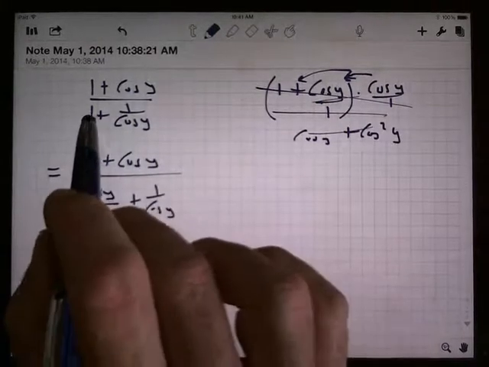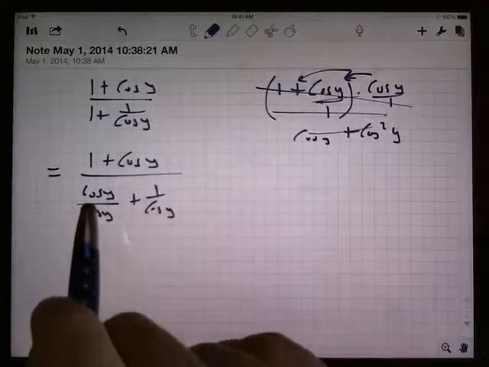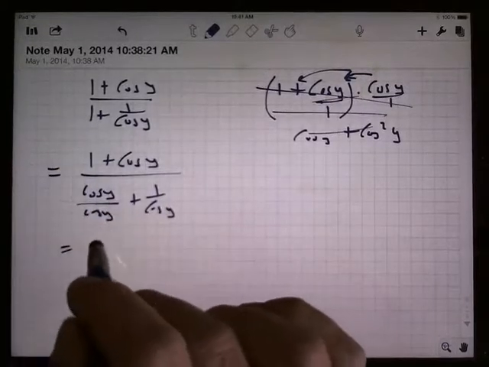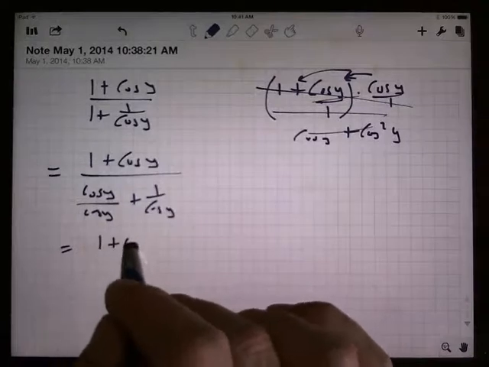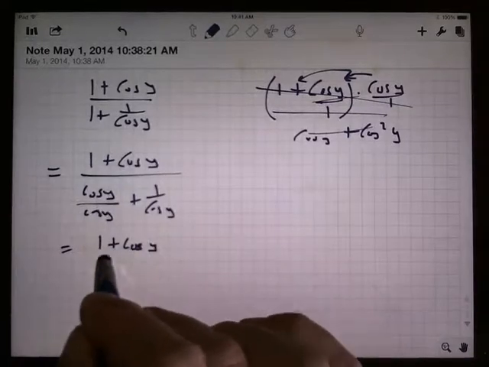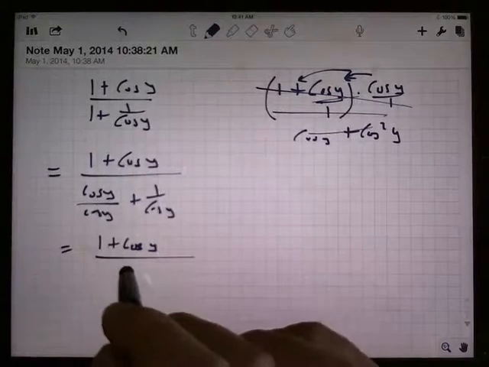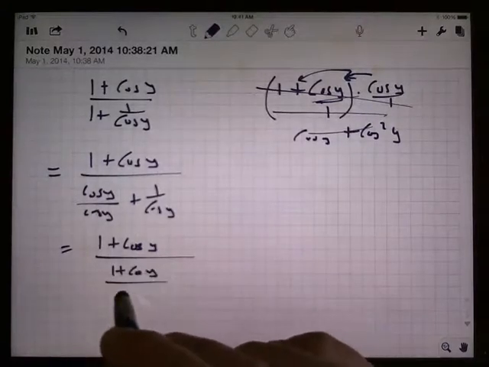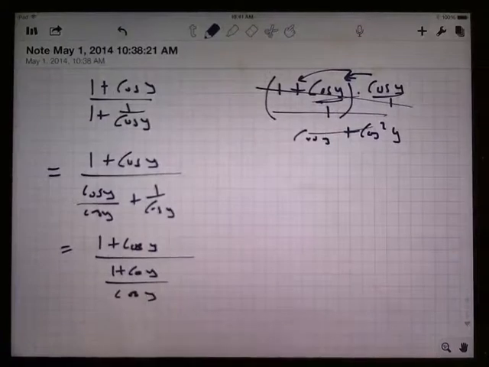I'm just trying to write this 1 with the same denominator, so multiply by cos y over cos y. So what I have now is 1 plus cosine y on the top, and the denominator is now 1 plus cosine y divided by cosine y.